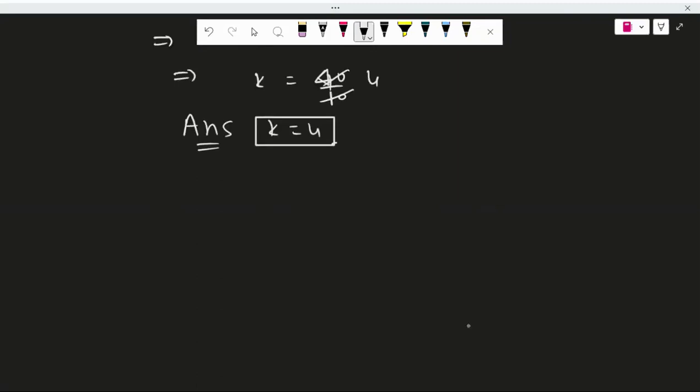Question number 8: triangle ABC, vertices are given. First you will find the lengths of AB, BC, and AC. Any two sides will become equal. Suppose AB and AC become equal.